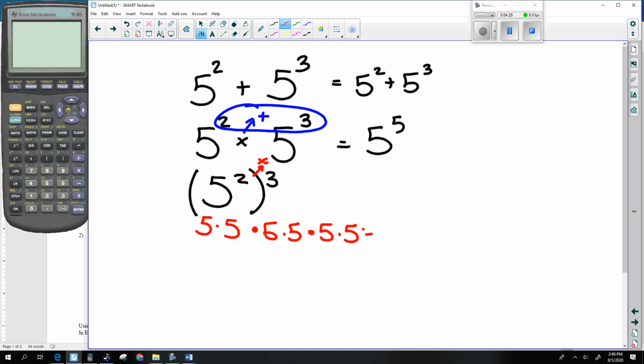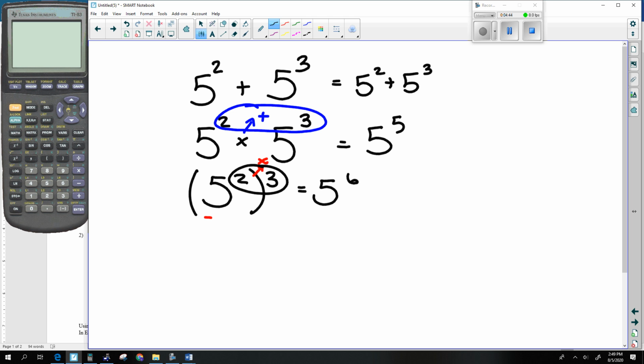You have 5 to the 6th. All right, so 2 times 3 is 6. So you multiply. The way that I remember that is pow, pow, like a power to a power, pow, pow, multiply now. Pow, pow, multiply now.